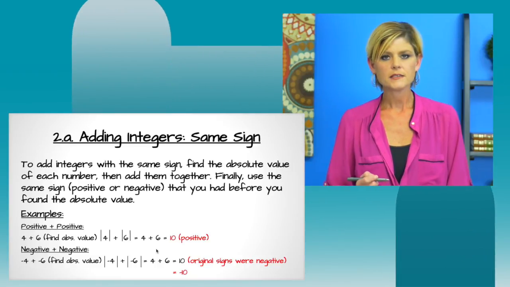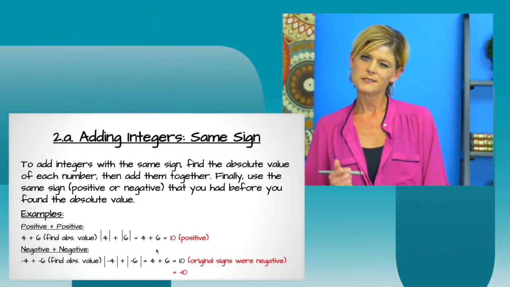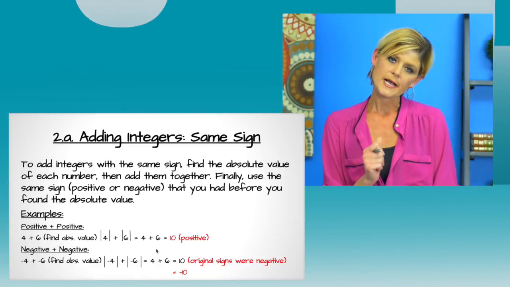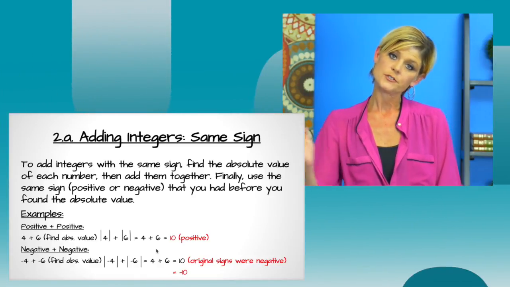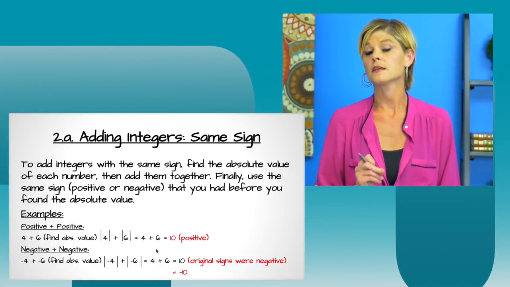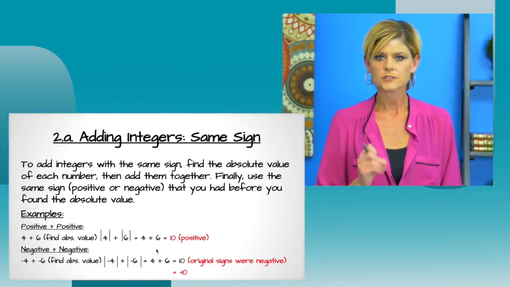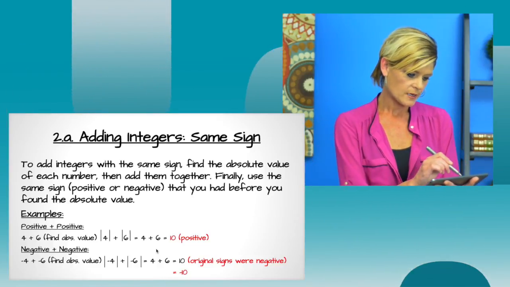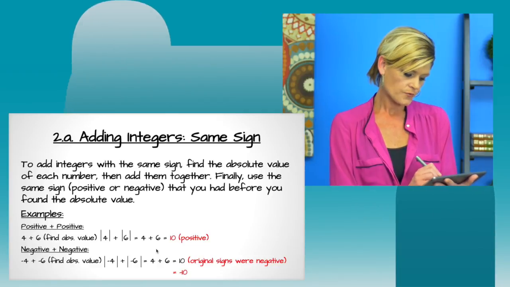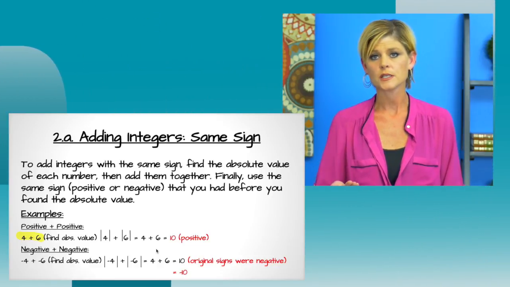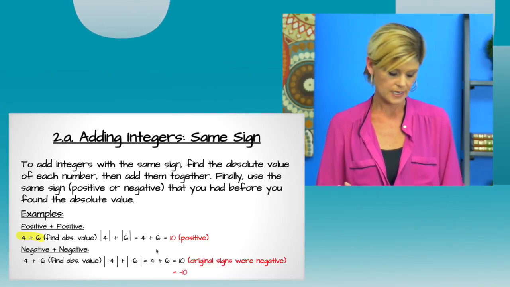Adding integers with the same sign is actually not really that complicated. When we're adding a positive number to a positive number, if you want to use the absolute value technique, the first thing that you need to do is find the absolute value. So let's say that we have a positive 4 plus a positive 6. The first thing we need to do is find the absolute value.